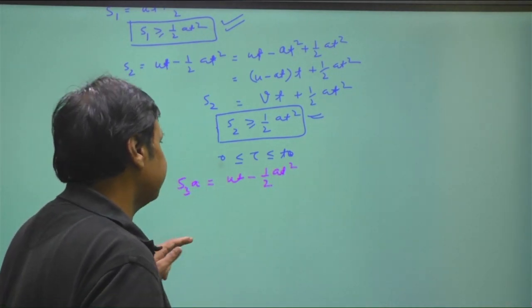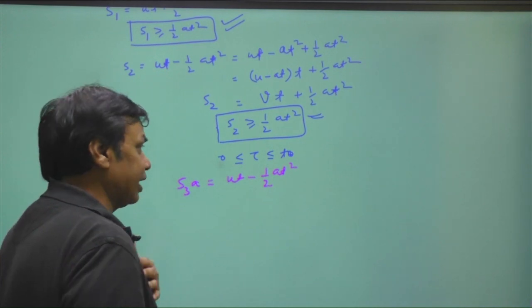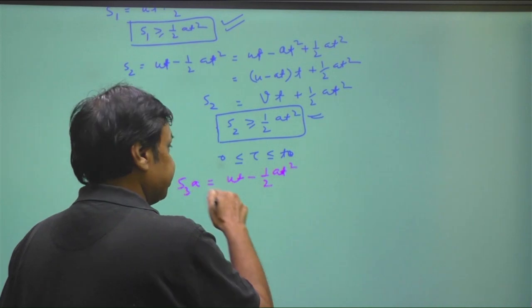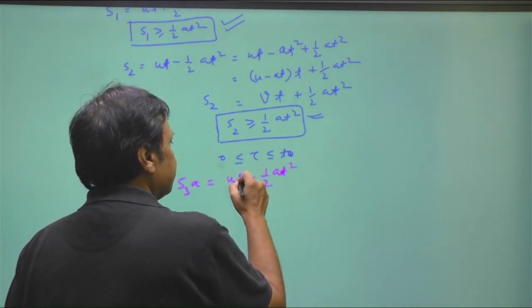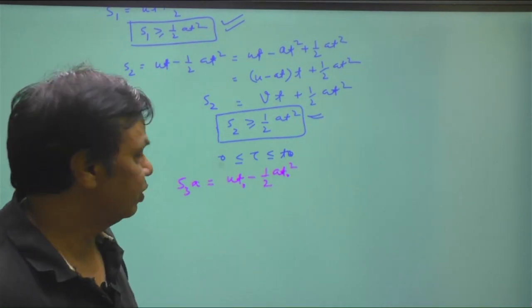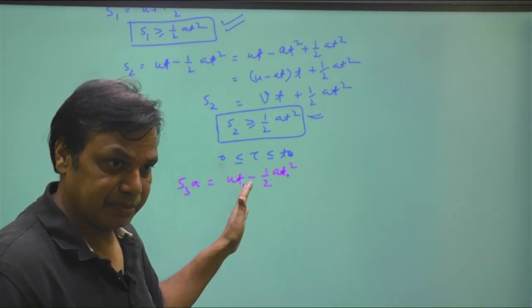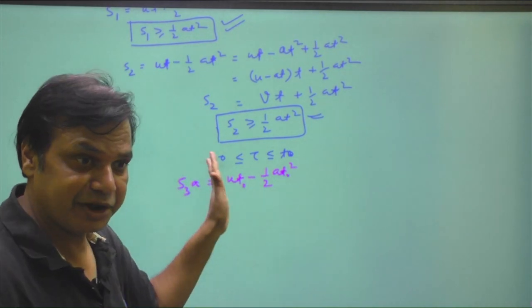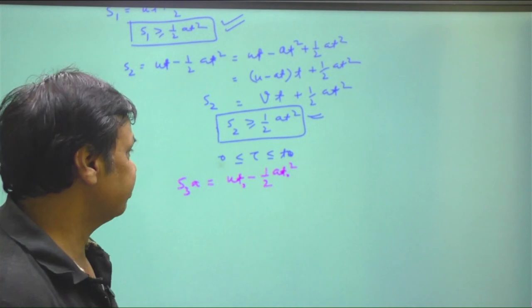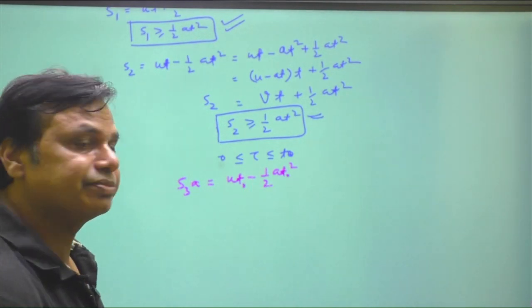But this distance has been travelled in time t naught. So the S3A distance should be written like this, because I have taken that, I have said that this distance is travelled in t naught time. So the first part of the distance S3 you can write like this.